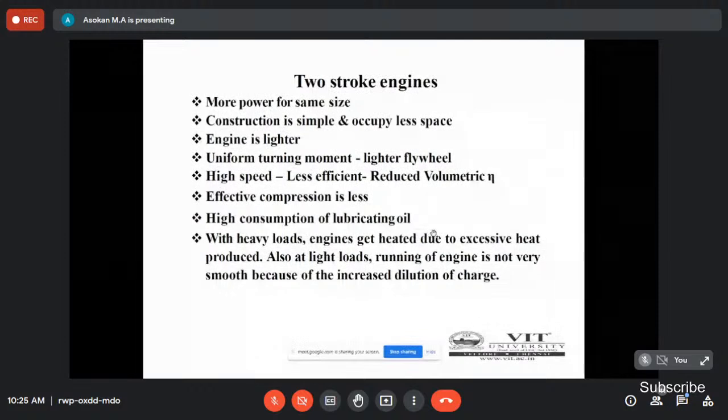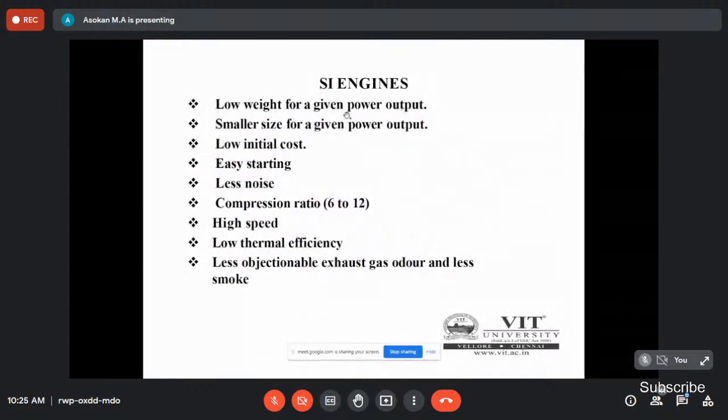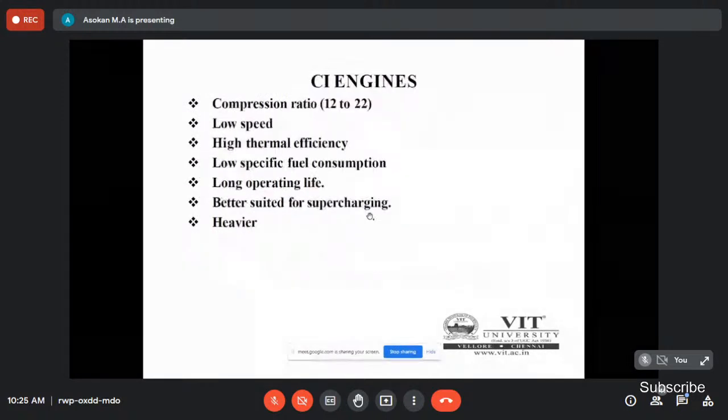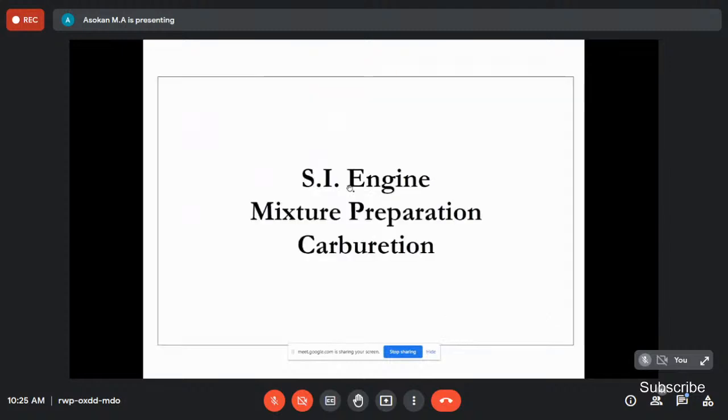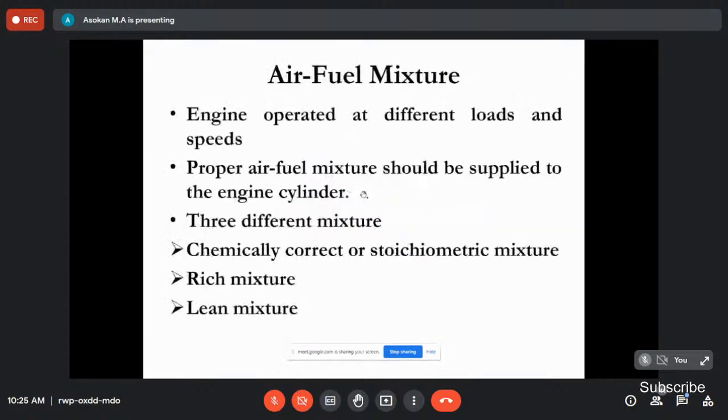Okay. And the SI engine, we just look at this, the compression ratio is 6 to 12. In the CI engine, the compression ratio is 12 to 22, because there is only an ignition medium. So in the SI engine, how is the air fuel mixture prepared? It is prepared in the carburetor.